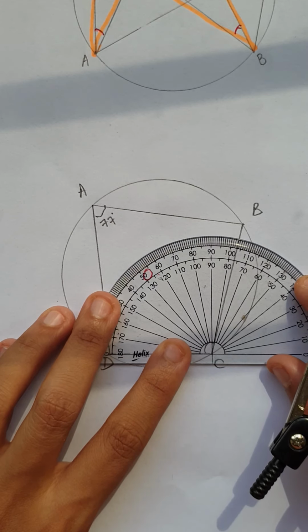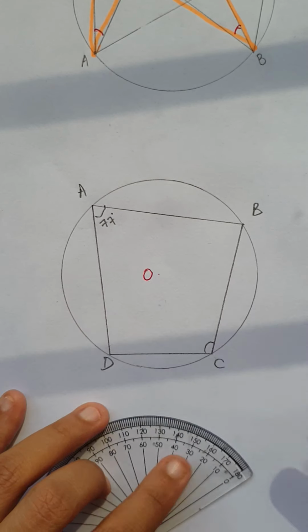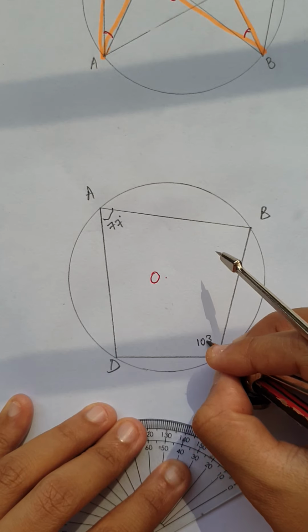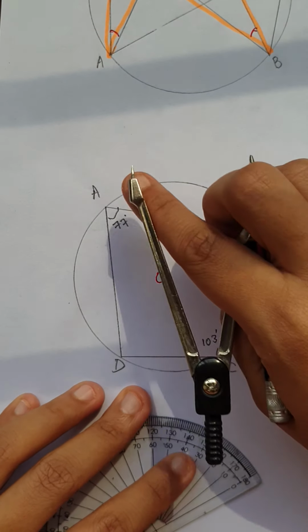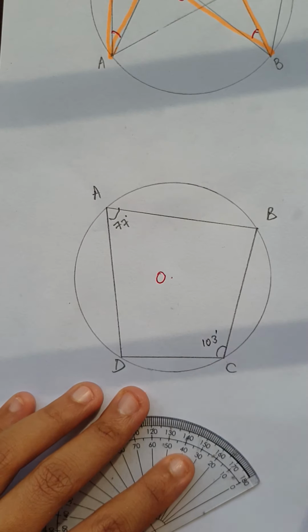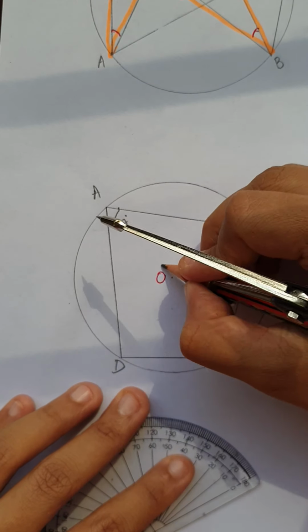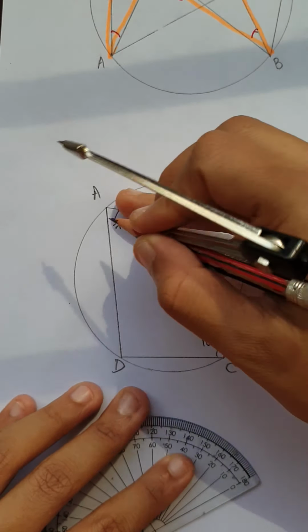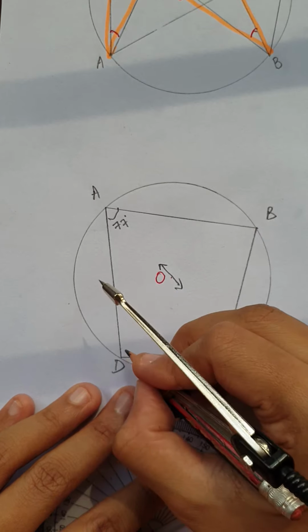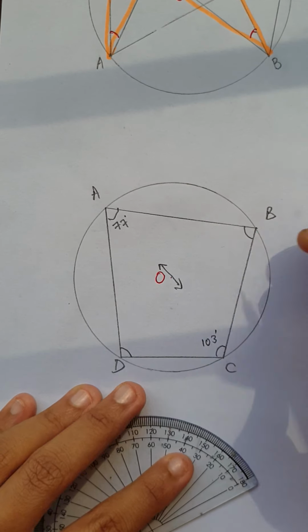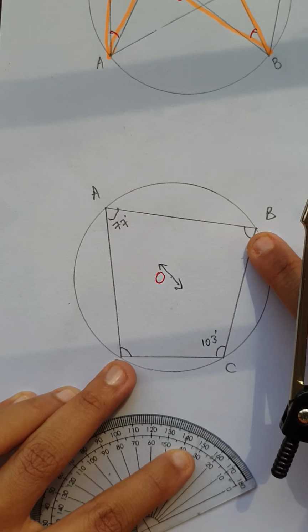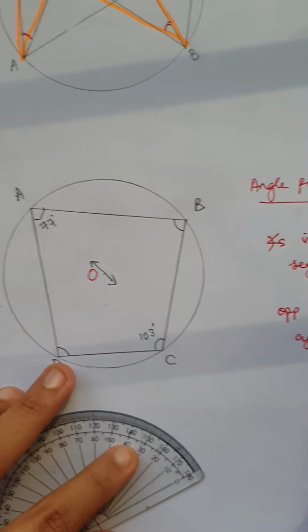This angle is about 103. So you can observe that 77 plus 103 will add up to give you 180. It will also hold good for this one and this one here. If I measure, these two will also add up to give you 180.